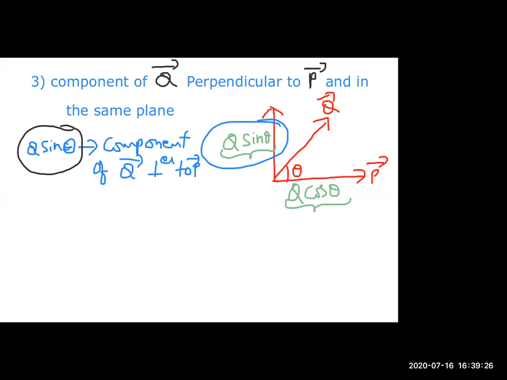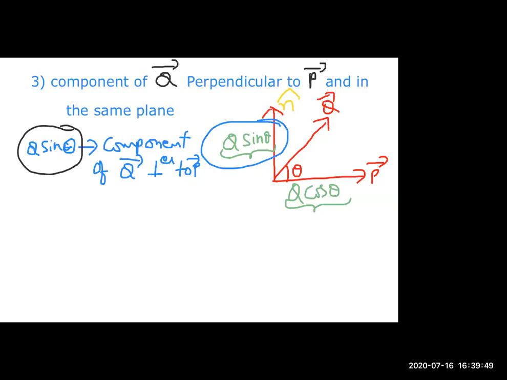But here, I want the component of Q bar perpendicular to P bar in vector form. Vector form means, what should we do? You have to multiply by the unit vector along that direction.